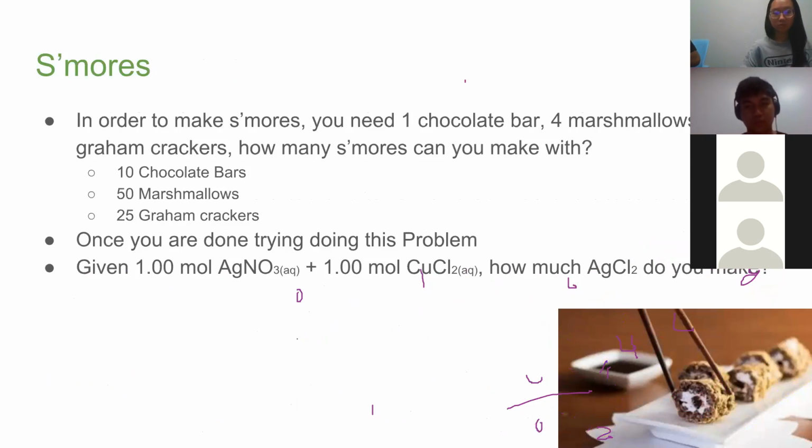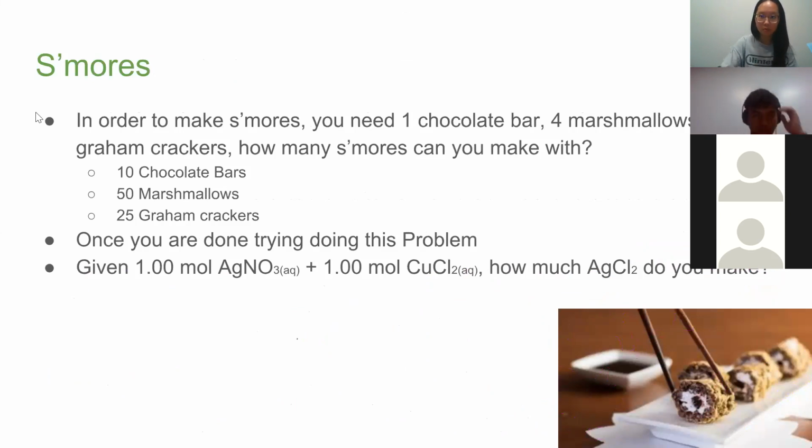In order to make it, we need 1 chocolate bar, 4 marshmallows, 2 graham crackers, but how many can you actually make if you're given 10 chocolate bars, 50 marshmallows, and 20 graham crackers?